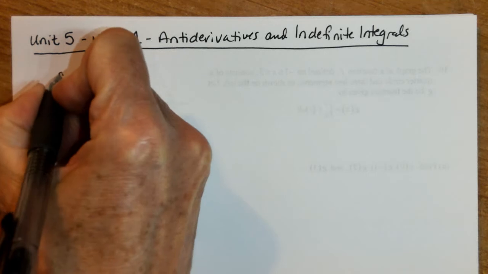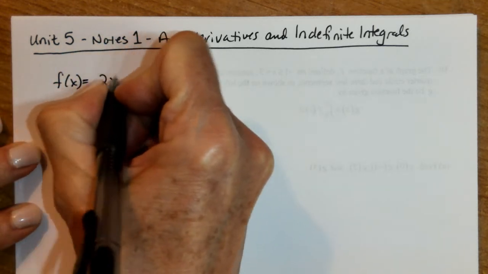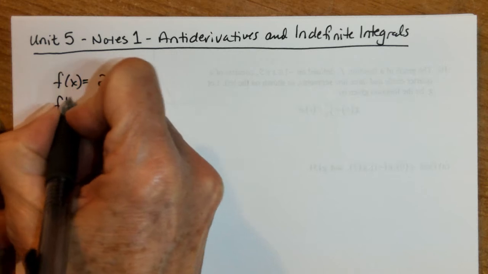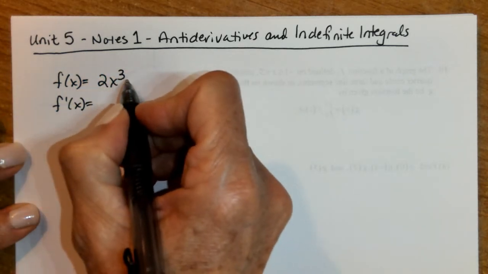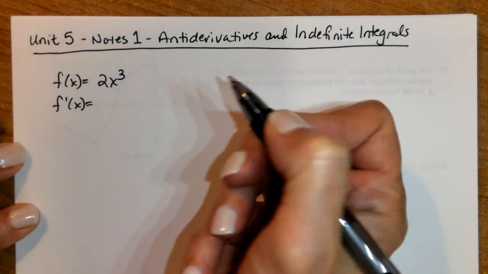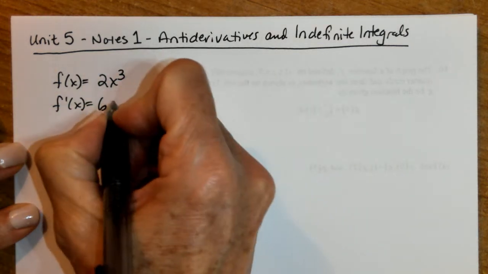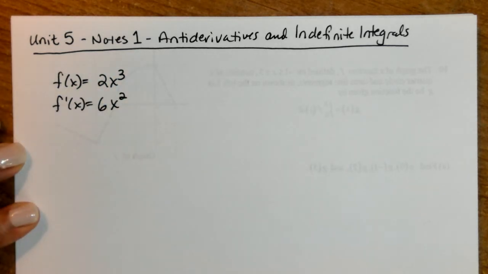Let's consider this function. Let's say that we have f of x is 2x cubed. And we know if f of x is 2x cubed, that f prime of x would be, we're going to use the power rule, and I'm doing this slowly for a purpose. 3 times 2 is 6, and then we decrease the power by 1. And that's using the power rule for derivatives.